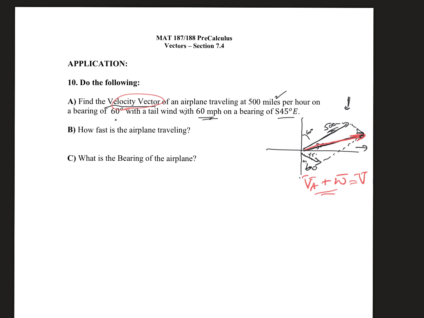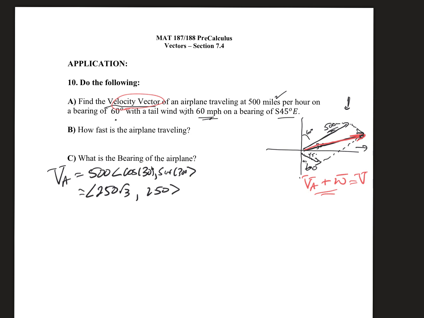Well, earlier in our work, we found that the velocity vector of the airplane was 500 times the cosine of 30 degrees, the sine of 30 degrees. And after a little bit of work finding some exact values, we found this to be 250 square roots of 3 and 250. So that was the velocity of the airplane.